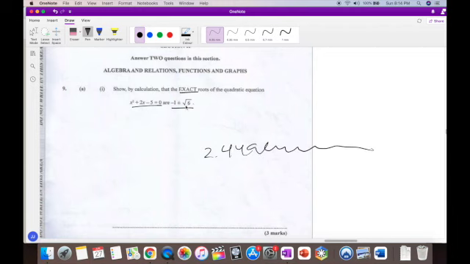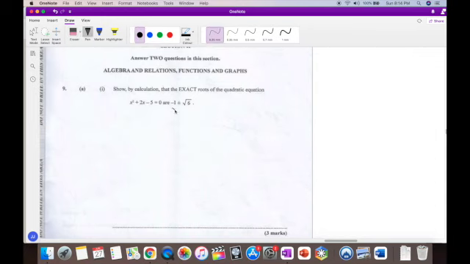In mathematics, we don't like decimals that much. We actually prefer, if you want an exact answer, you can leave it as a fraction, and you actually have a more exact answer here.